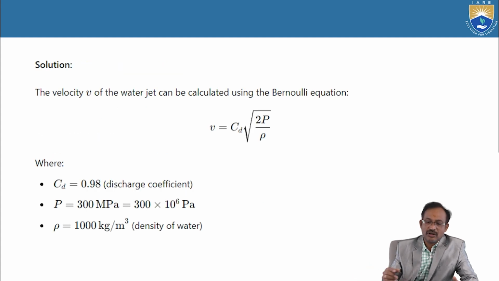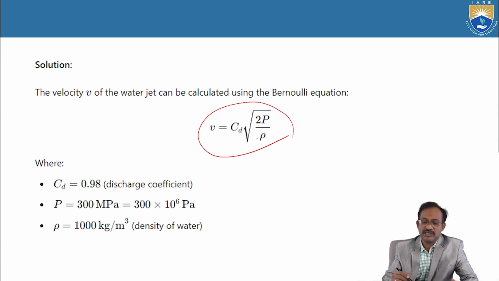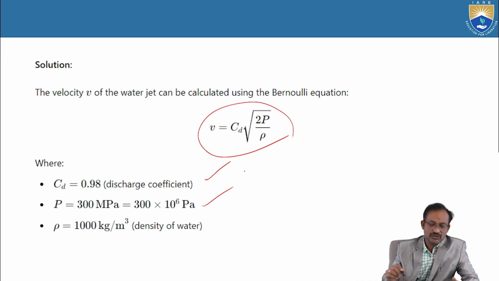Already we have the basic Bernoulli's equation. From that, V equals coefficient of discharge times the square root of 2 times pressure divided by the density. This is the CD 0.98 discharge coefficient, and P is given.